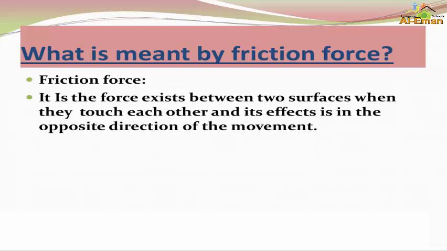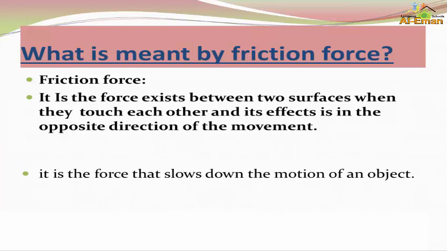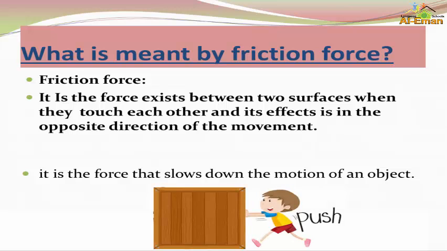So, friction force is the force that exists between two surfaces, like your two hands, when they touch each other, and this force, its effect is in the opposite direction of the movement. So, it's the force that slows down the motion of an object. Okay?